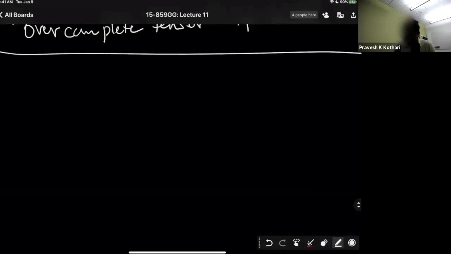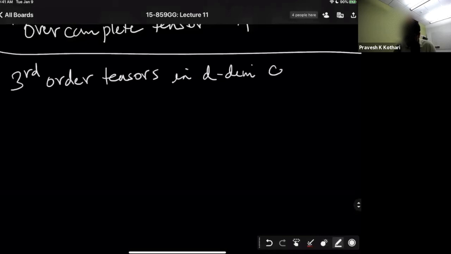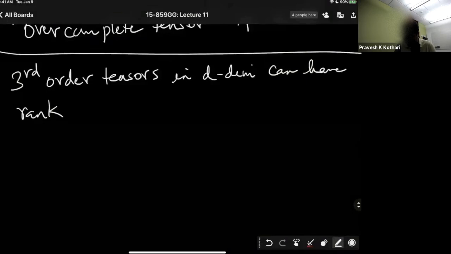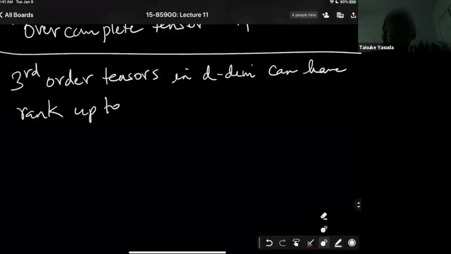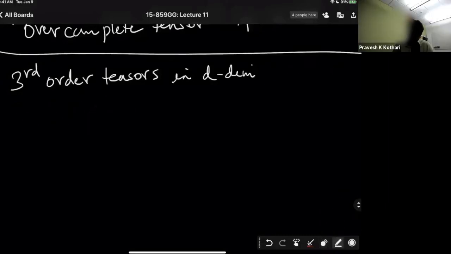Third order tensors in d dimensions can have rank up to, actually, let's maybe make two claims, just to describe the fun parts of this.